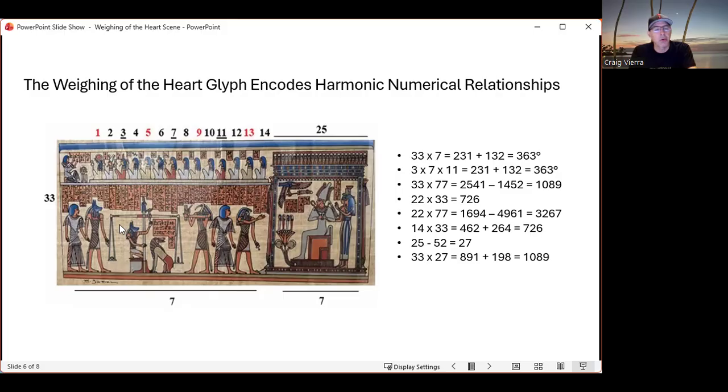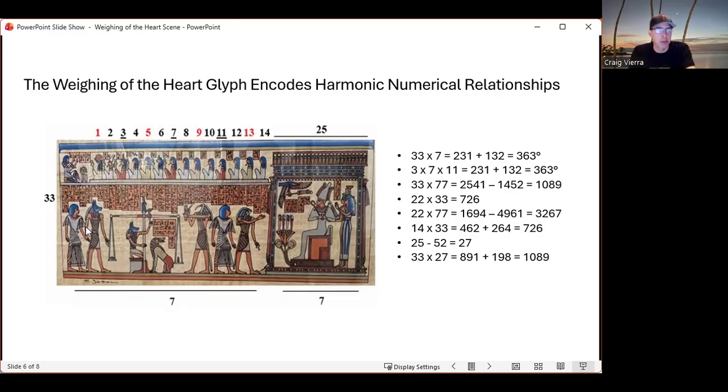If we take 33 and we multiply it by 77, 7 individuals here, 7 over here, we get 2541. Minus its mirror, which is 1452. And also in the mathematics, this is the star tetrahedron. You subtract these two, you get 1089. There's the square base pyramid in my scalar system of 363. It's 3 rotations.